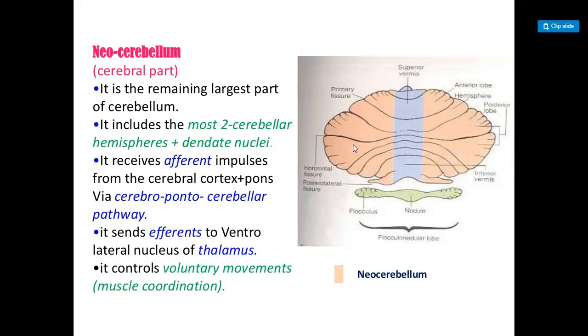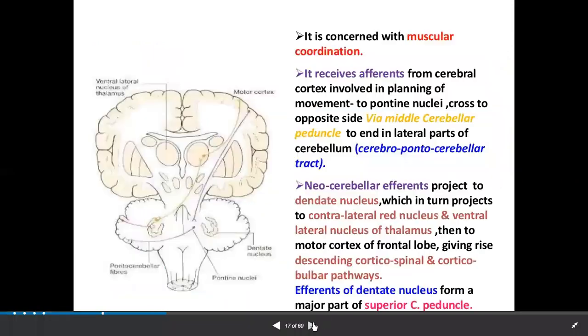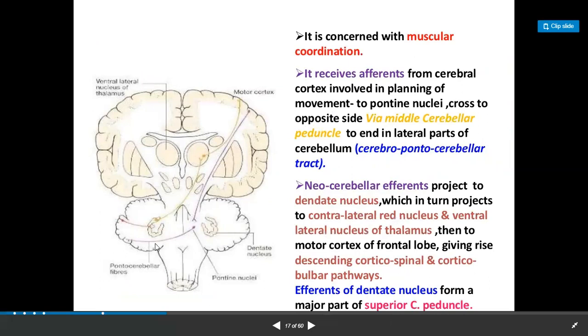It controls voluntary movements and muscle coordination. So the neocerebellum is concerned with muscular coordination. It receives afferents from the cerebral cortex involved in planning of movements to the pontine nuclei, crossing to the opposite side via the middle cerebellar peduncle. They cross like this.